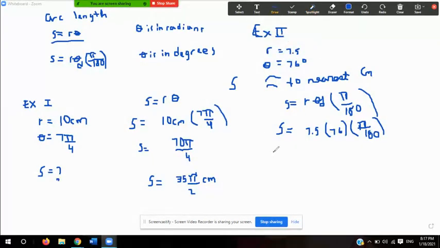So this would be S equals 7.5 centimeters times 76 pi over 180.